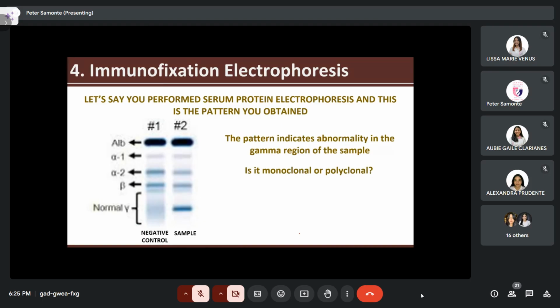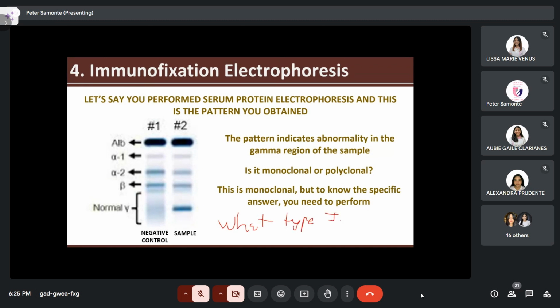So kapag may abnormality ka class sa gamma region ng serum mo after separation, this is a case of monoclonal, but you need to know the specific answer, or you need to know what type of immunoglobulin or antibody is the one that has an abnormality. Is it your IgG? Is it your IgM, IgA, IgD, or IgE? In that case, class, you need to perform immunofixation.